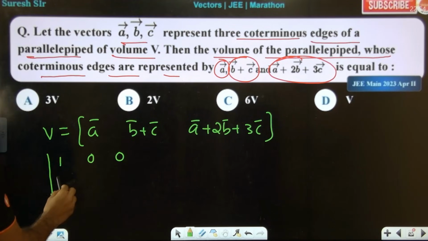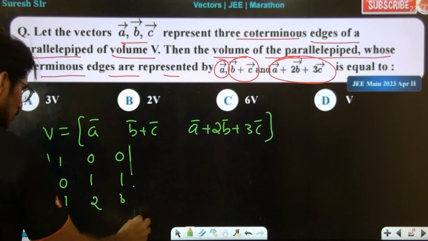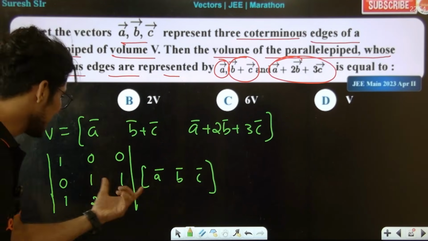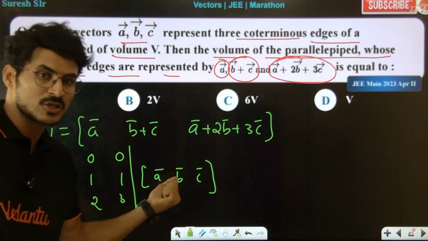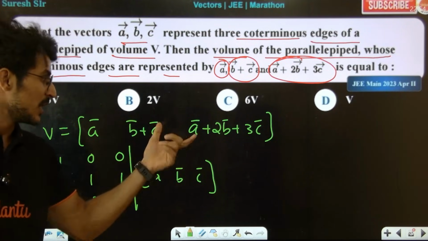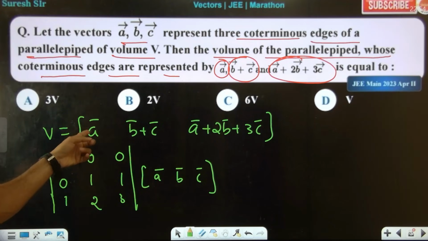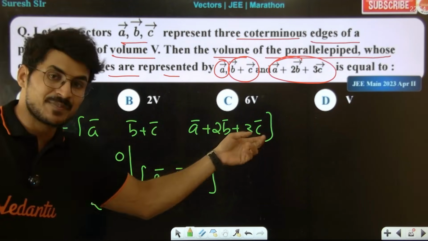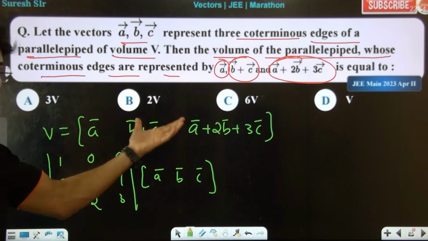B plus C means 0, 1, 1. And A plus 2B plus 3C is 1, 2, 3. So can I write it with box ABC? If I open this and multiply, you are going to get the same box ABC. If I solve this and solve that, both will give the same answer. So I am taking A as 1, 0, 0, B plus C as 0, 1, 1, and the third as 1, 2, 3. If I multiply these, you will get the same volume.